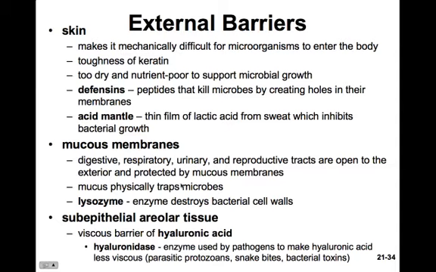However, some pathogens actually make an enzyme called hyaluronidase. This enzyme makes hyaluronic acid much less viscous. In the venom of snake bites, there's often hyaluronidase, and that's how their toxins make it through this subepithelial areolar tissue barrier.